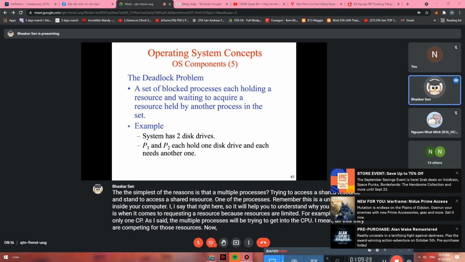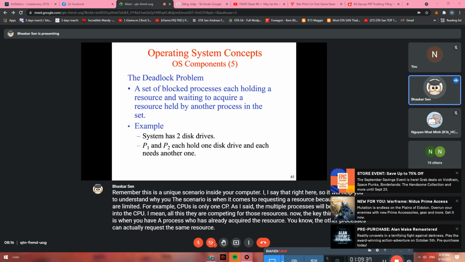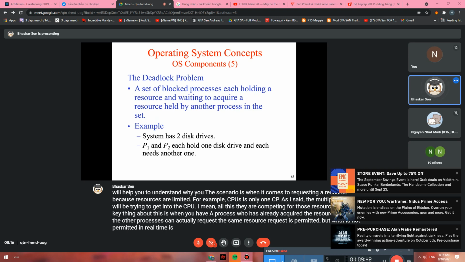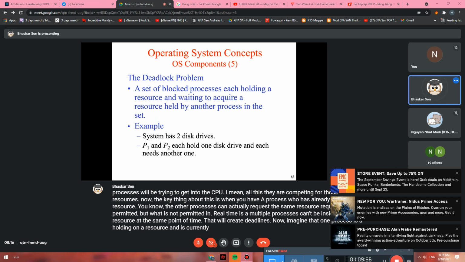Now, the key thing is when you have a process that has already acquired the resource, the other processes can actually request the same resource. Request is permitted, but what is not permitted in real time is that multiple processes be inside the same resource at the same point of time. That will create deadlock. Now imagine that one process is holding a resource and is currently blocked.